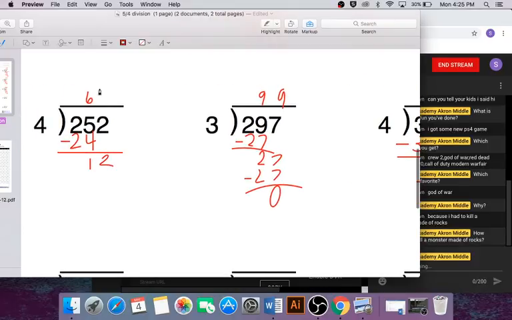So we're going to put our 3 up here above the 2. 3 times 4 is 12. We have 12 minus 12, which is 0. So our answer to 252 divided by 4 is 63.